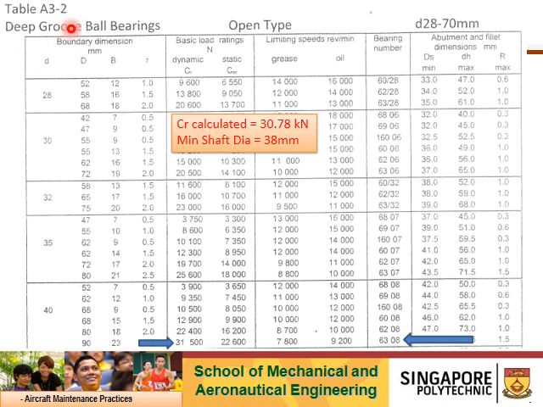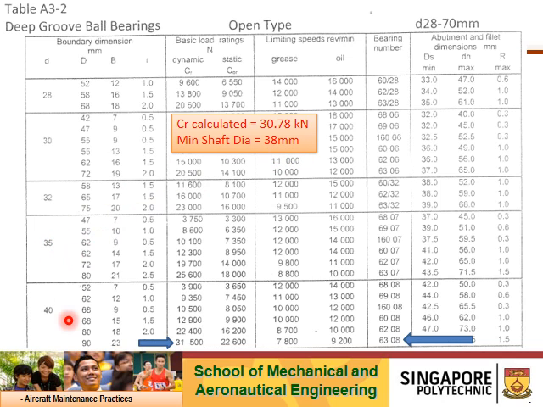If you have the appendix in front of you at page A3-2, you look at here, this small d is referring to the bore diameter. The question gives a minimum of 38 here. So 35 is smaller than 38, so we can't accept it.